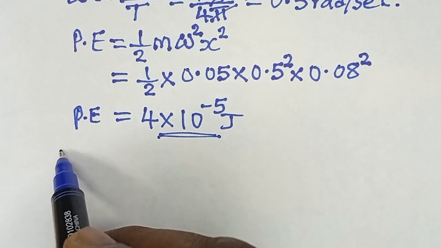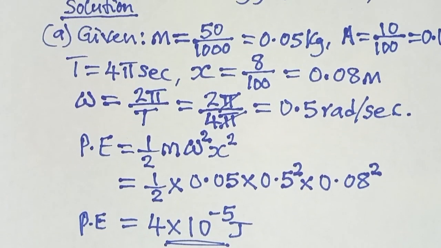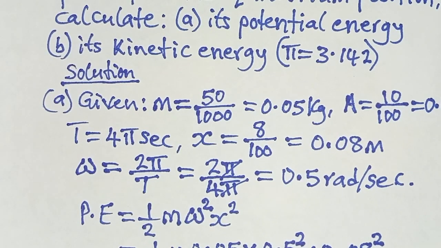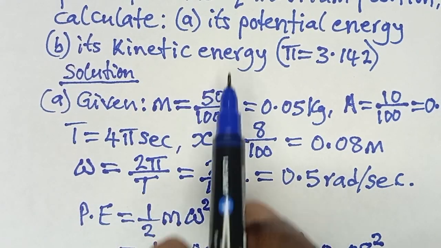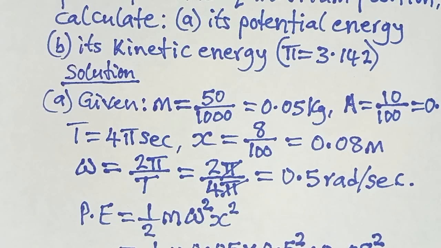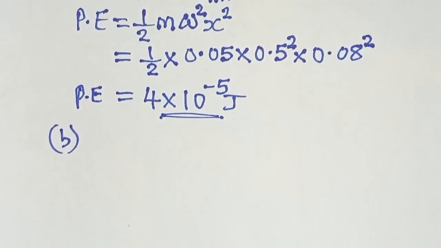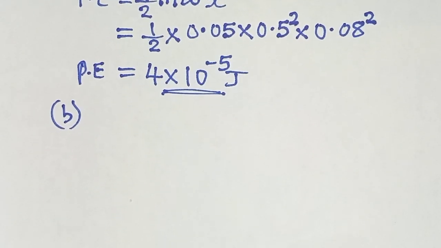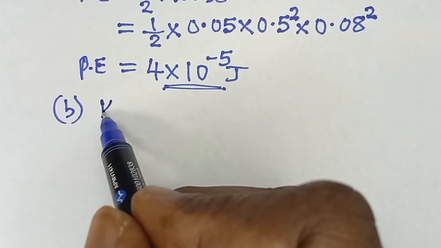The question B, the B part says that we should calculate the kinetic energy. Don't forget the second question there. It says that we should calculate its kinetic energy. So now, in terms of angular velocity, we can also get a formula to calculate the kinetic energy of a body in simple harmonic motion. And I'll give you that formula.